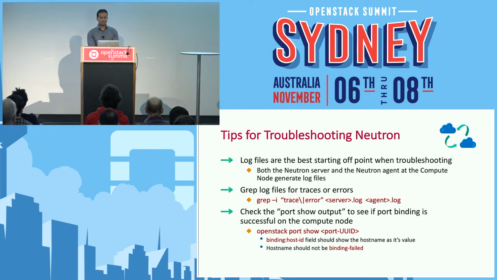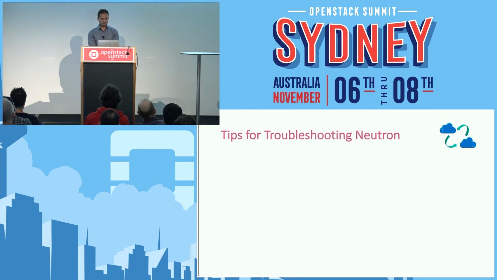If for some reason binding has failed, you will find binding failed there, and then you can go directly onto that host and start troubleshooting there to see what went wrong. You will have to check the Nova logs as well to see where the Nova scheduler told Neutron to bind a port and why it has failed.